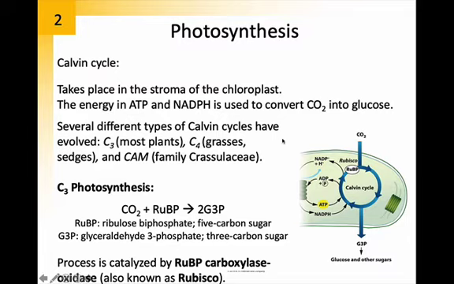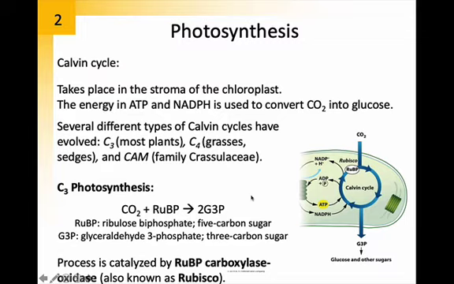So the types of plants that have these additional reactions are called C4 plants, and they're typically grasses, and CAM plants, crassulacean acid metabolism plants, and that's named after the family in which it's found, the Crassulaceae, which is a family of broad-leaved herbs that are found in relatively arid conditions.